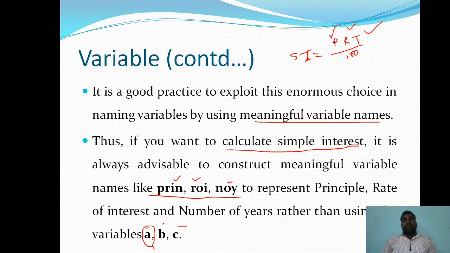So while writing the variable names, you can write at least P, R, T so that it is somewhat understandable. Otherwise you can use principal, ROI, rate of interest, NOI, number of years, but you cannot write A, B, C, X, Y, Z like this, so that those names are not understandable, they do not have meaning. Okay.